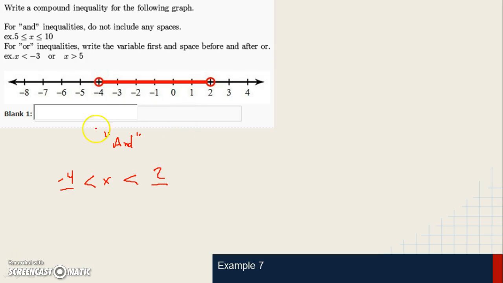Since negative 4 is an open circle, I'm just going to leave this as negative 4 is less than x. And our largest value, 2, also has an open circle, so I'm going to leave this as x is less than 2. Now I'm just going to type in what we created. So negative 4 is less than x, which is less than 2.